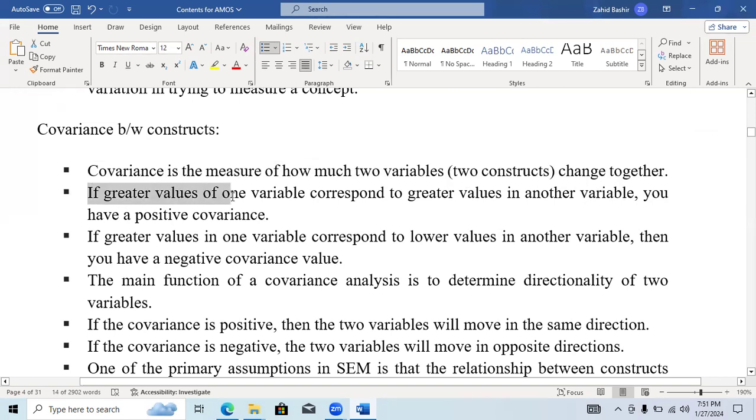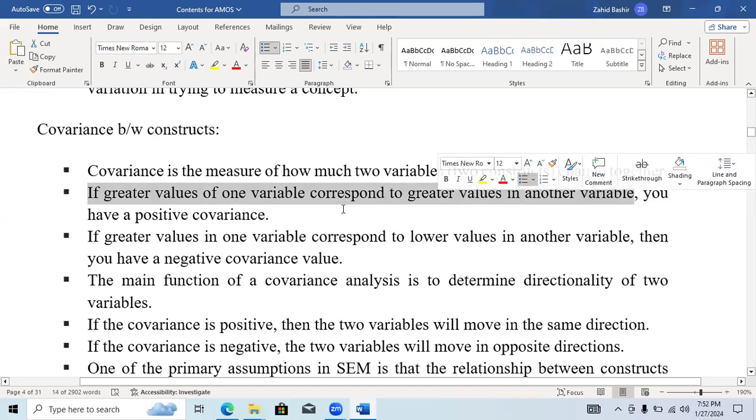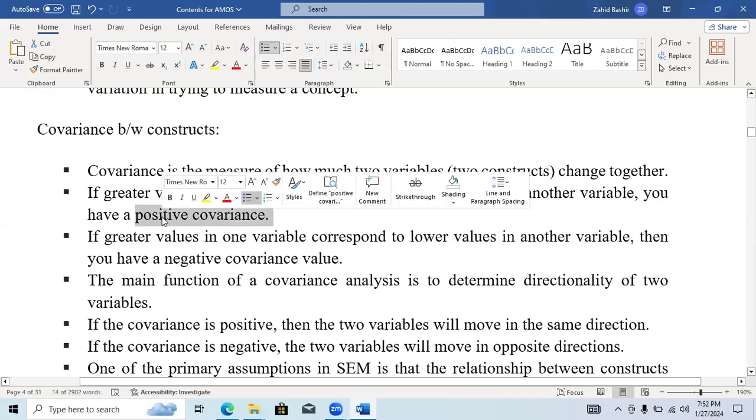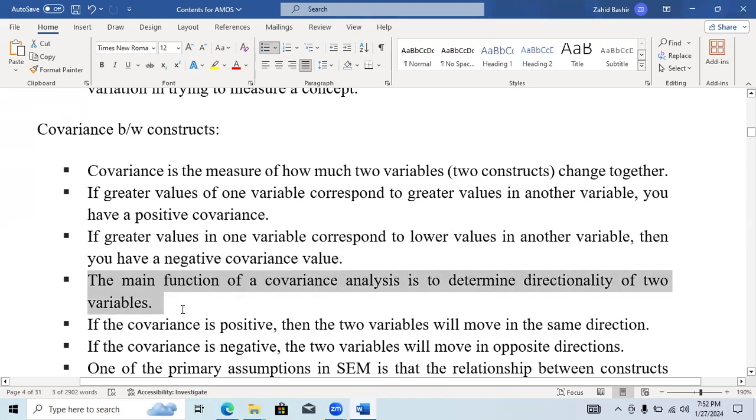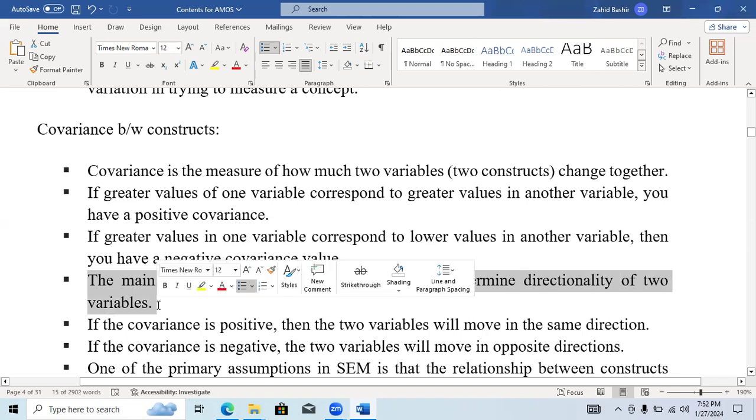If a greater value of one variable corresponds to a greater value in another variable, you have a positive covariance. If a greater value in one variable corresponds to a lower value in another variable, you have a negative covariance. The main function of covariance is to determine the directionality of two variables. So through the covariance, you will find out whether there is a positive direction or a negative direction between two constructs.